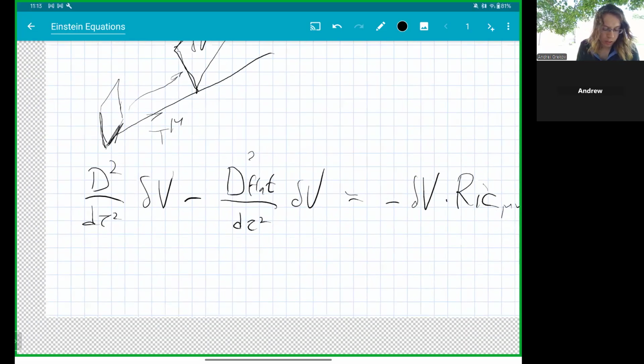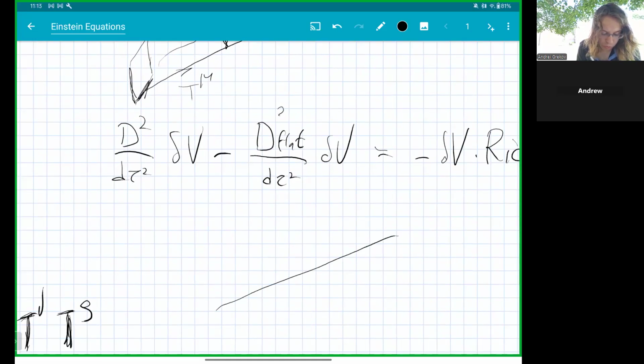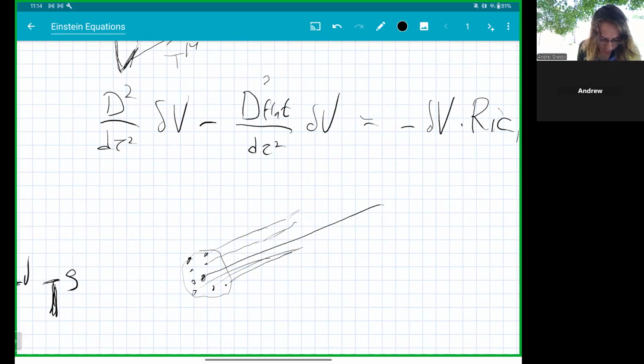You could think about it physically like this. If you have a small cloud of particles of dust, some volume here, and they all start to move along neighboring geodesics, how will this volume of the cloud change? Will they start to drift further apart or closer to each other or what?